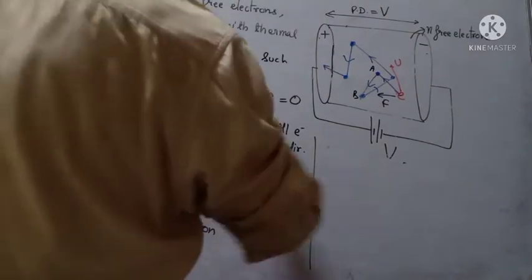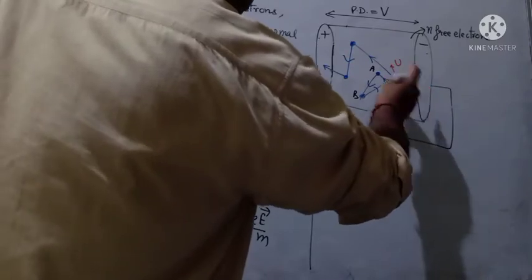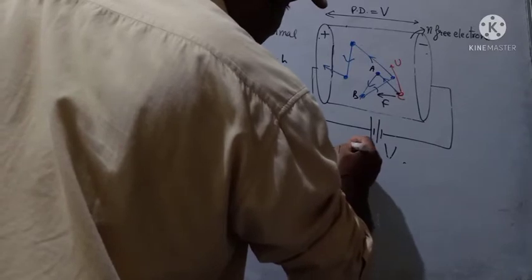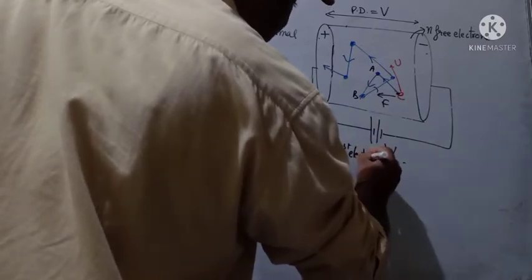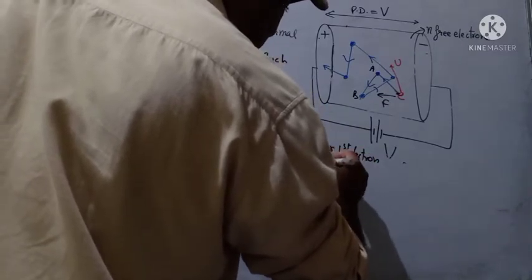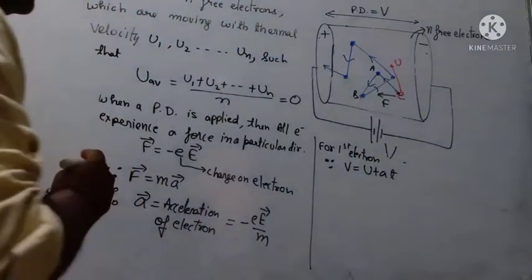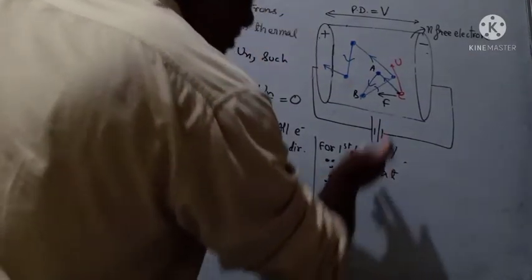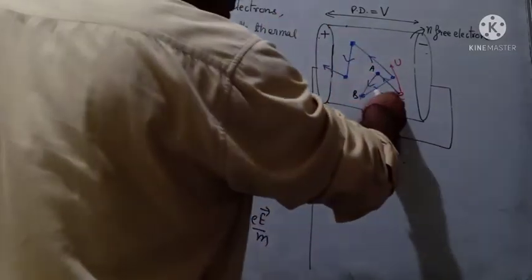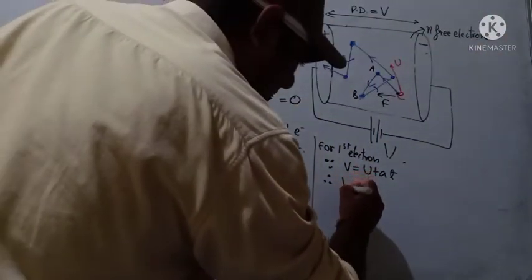When the electron accelerates, let's talk about this. For the first electron, since V is equal to U plus AT as per the equation of motion, before suffering a collision, and after that before the next collision, what will be its velocity?